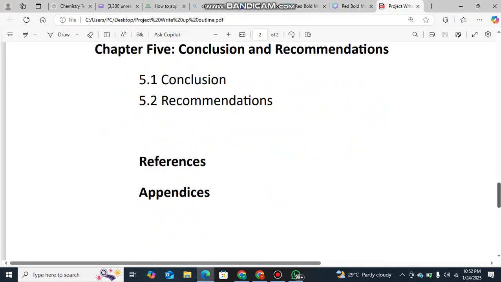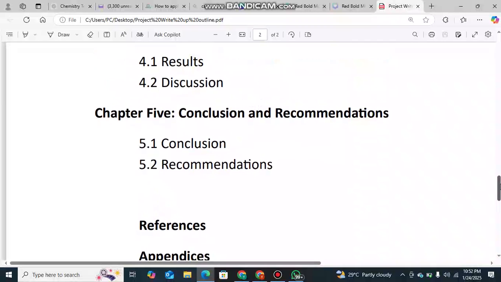And of course the appendices here, did you use a survey? Did you use one instrument or the other? This is where you showcase those instruments that you actually use.